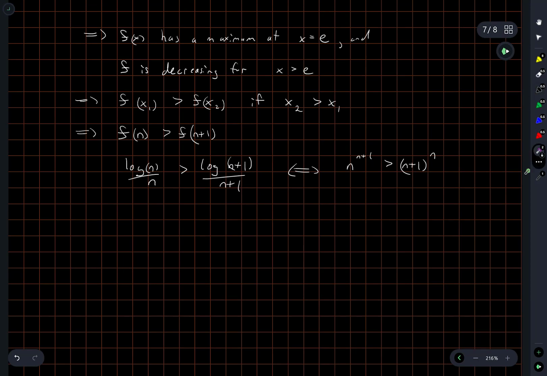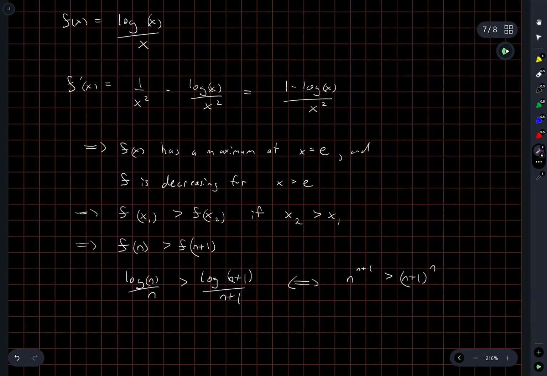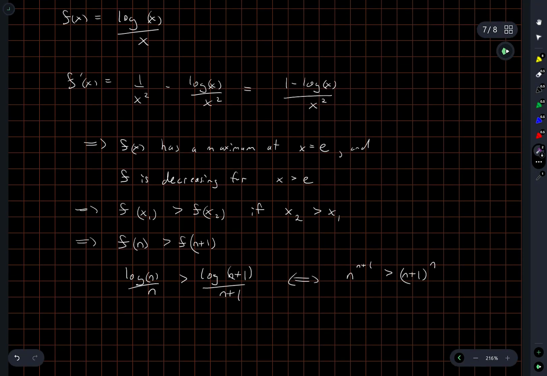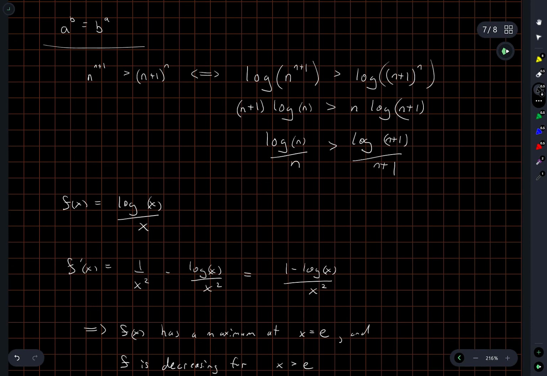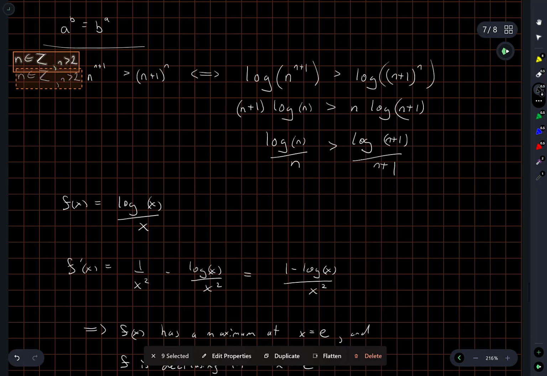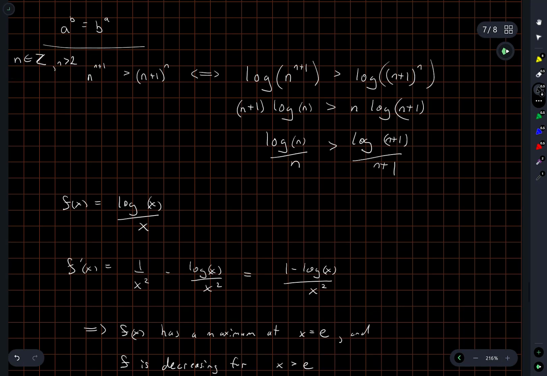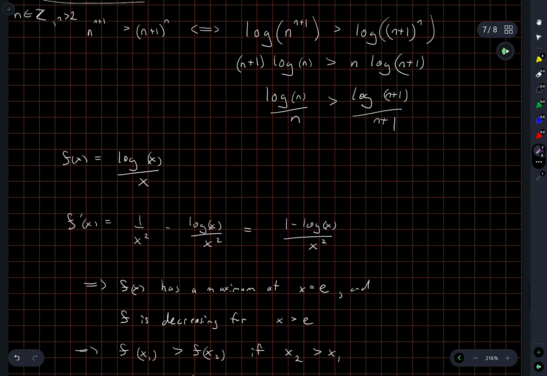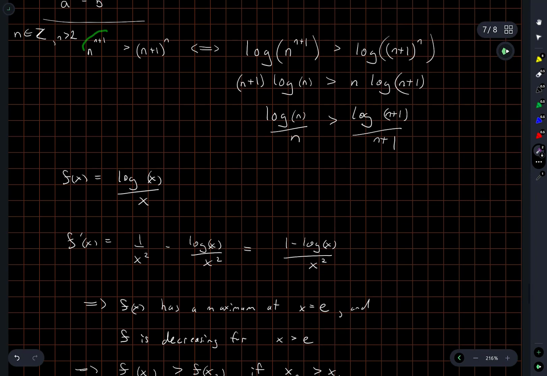All right, so I suppose the only little loose end to tie up here is that in the original question, we were asked to show that this inequality is true for n, an integer greater than 2. And so what I've done here is I've actually shown that this inequality holds. n doesn't have to be an integer.